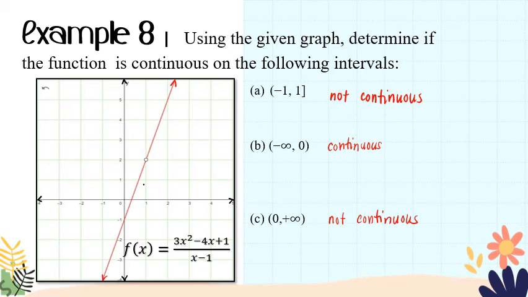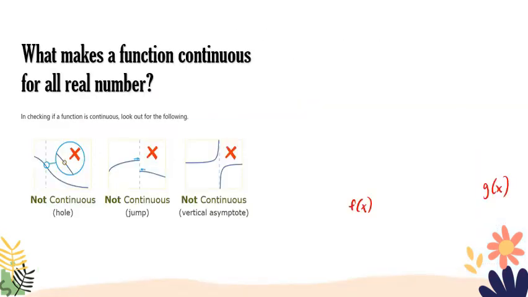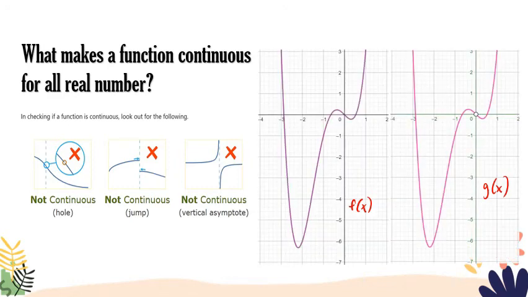Alright? So what makes a function continuous for all real numbers? Again, first, we need to check at any point on the graph if there is a hole, meaning to say the function is not continuous for all real numbers.